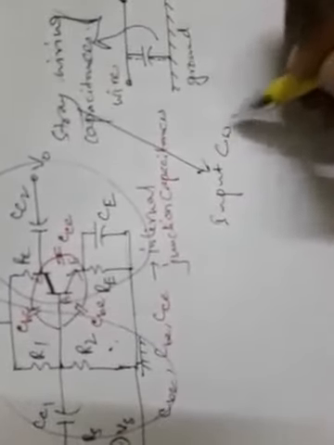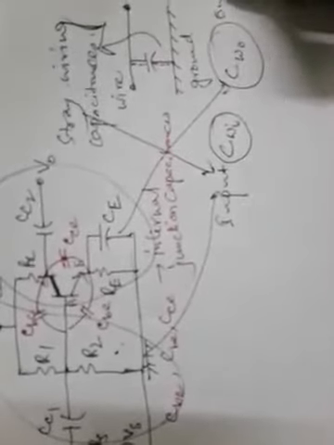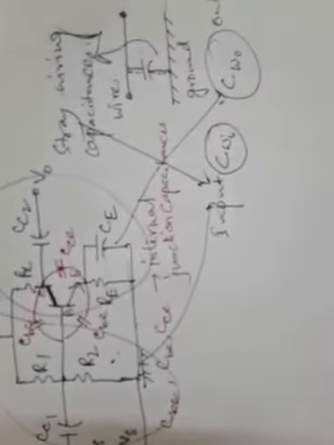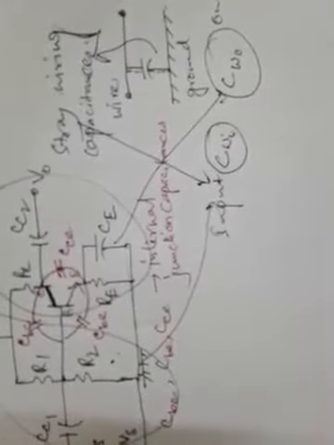Now if we segregate this total circuit diagram into two parts, one at the input side and another at the output side, the stray wiring capacitance for the input side will be denoted by CWI, and for the output side it is CWO. So we will mark or denote these two wiring capacitances like this.